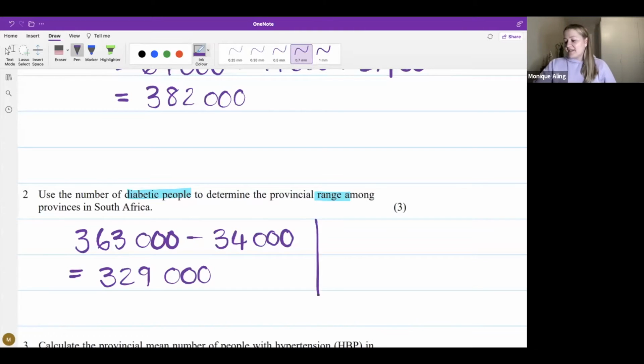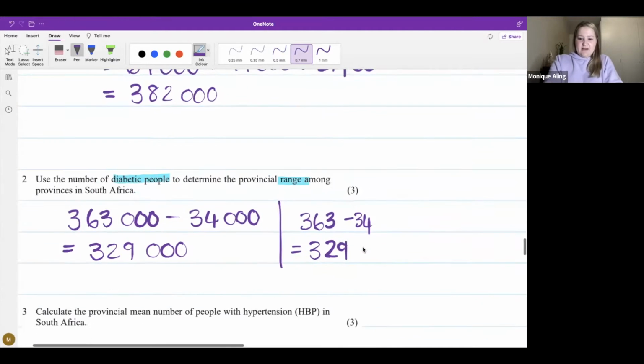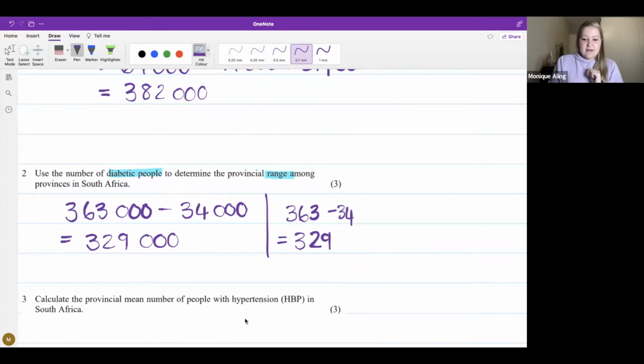You can write it out as 363 minus 34, which will give you your 329 as well. It's how they've given you the data, so you can also use the same numbers. Okay, fantastic. Looks like you all got that.